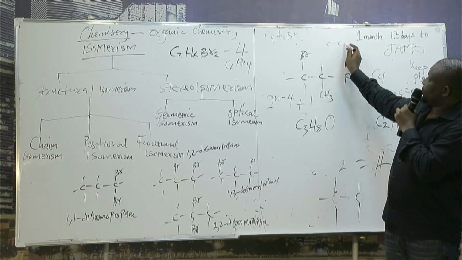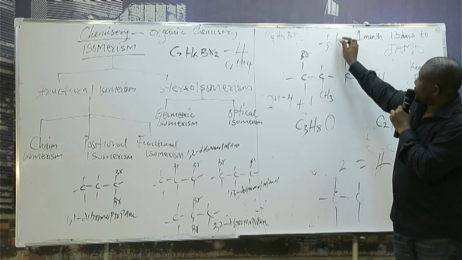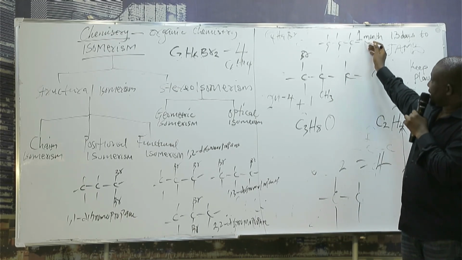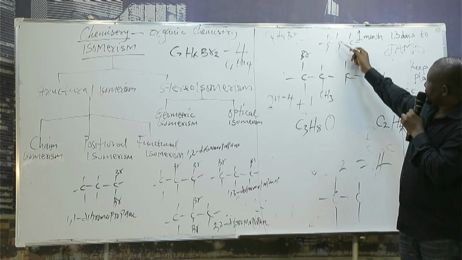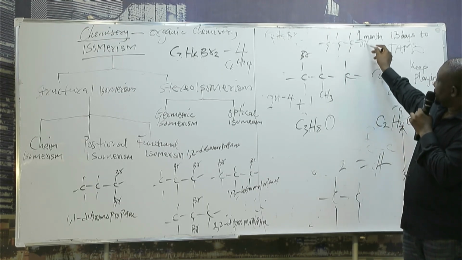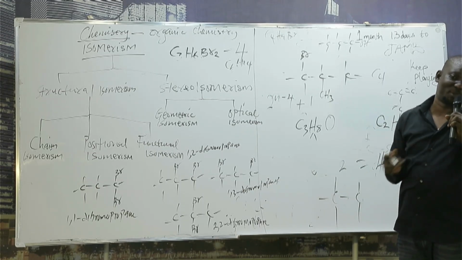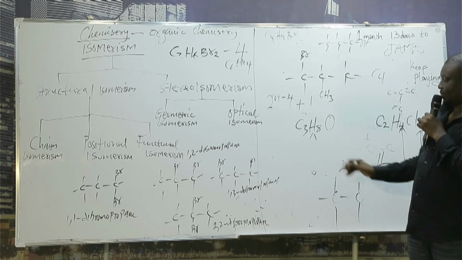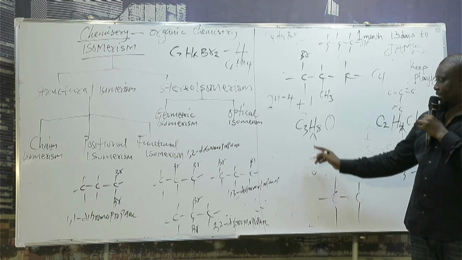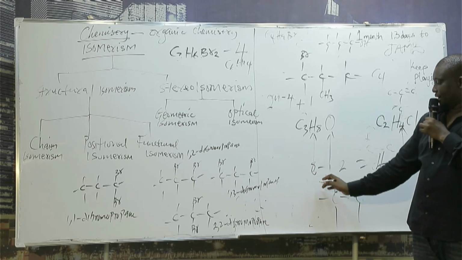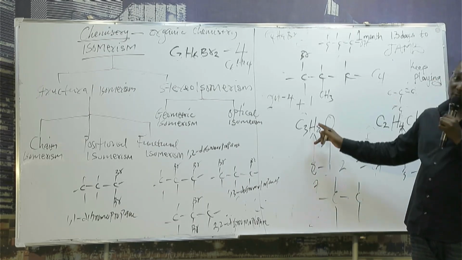Then 1, 2, 3. 1, 2, 3, 4, 5, 6, 7, 8. Then 1, 2, 3, 4, 5, 6, 7, OH. Okay, check it. Give me here 8. Give me here 1. How many? 7. So 7.